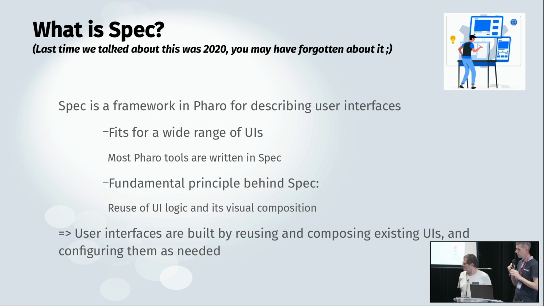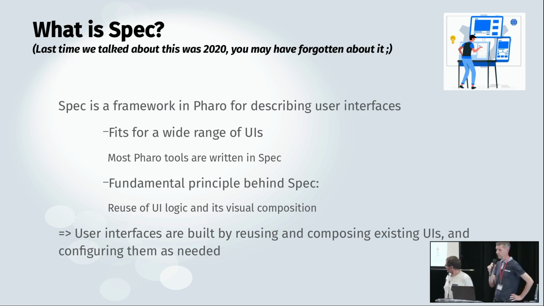So it fits for a wide range of user interfaces. You can see most Pharo tools are written in Spec. So in fact, all Pharo tools but one are already written in Spec. But it's the biggest one. It's Calypso. So it will be quite a work to move on.